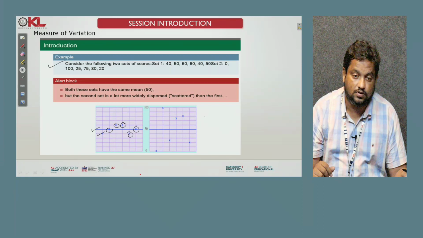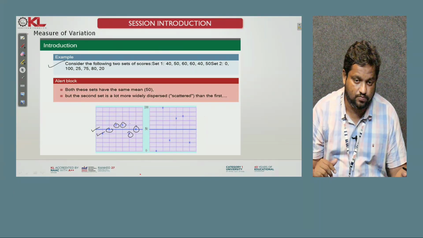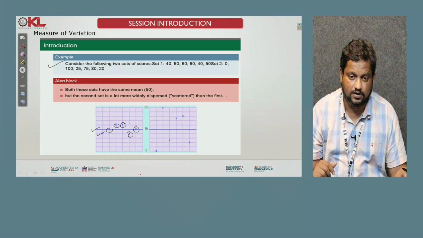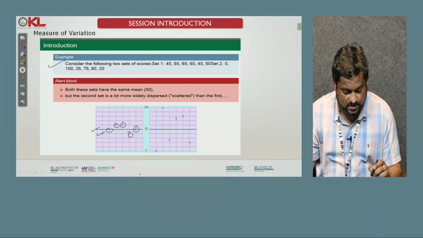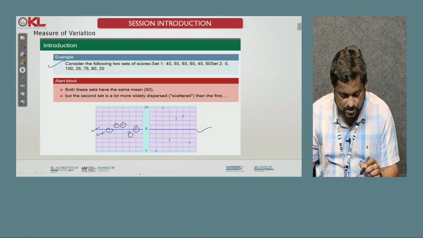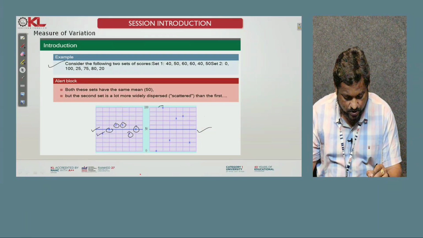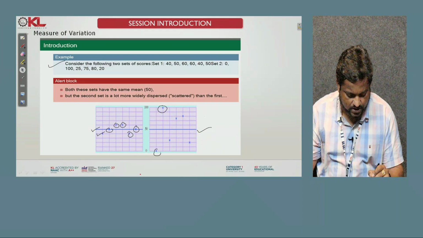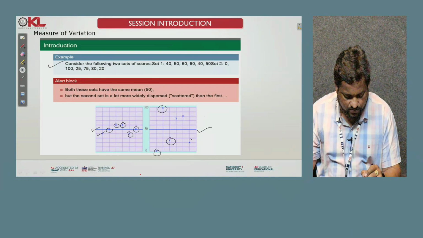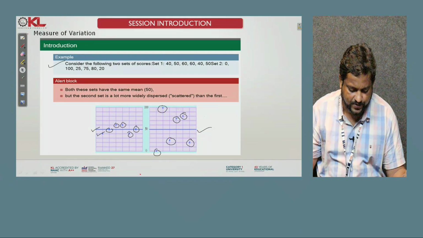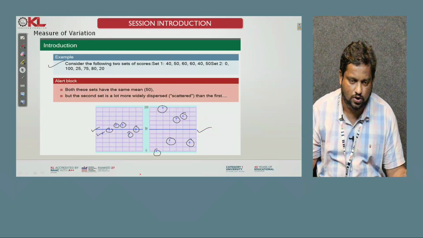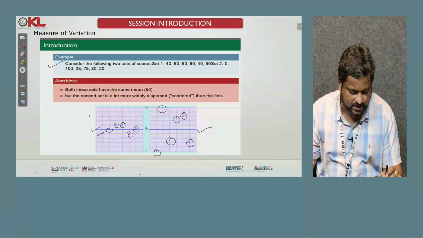So in data set 1, every point is almost close to the data mean. Coming to the second data set, this is our mean value, and see the points: one point projected here, another point projected here, like this the distribution is spread across. It means the dispersion or spread of this data set is more when compared to the first data set.